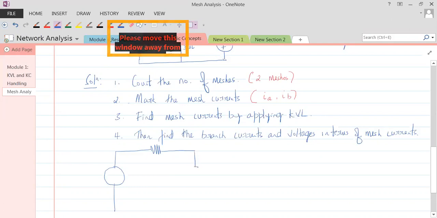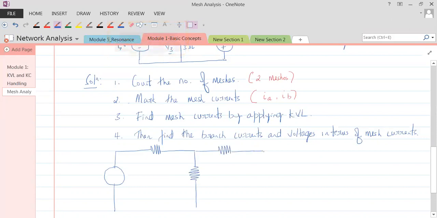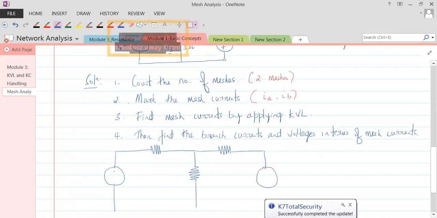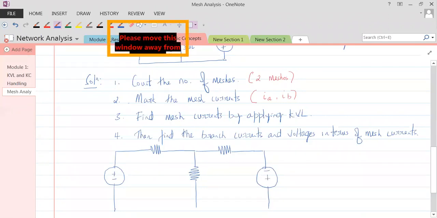I'm writing it a little bigger so that I can show you all voltages and currents flowing properly. I hope everybody's copying this. Fine.